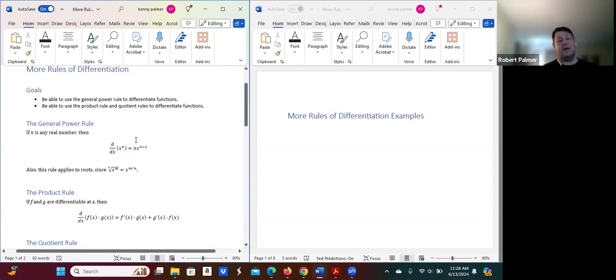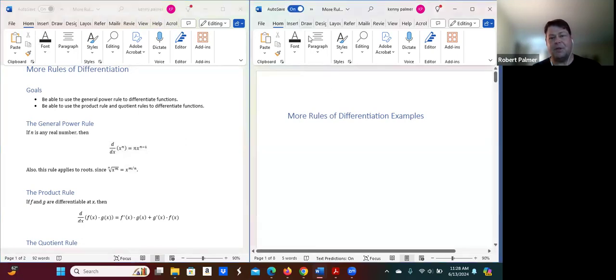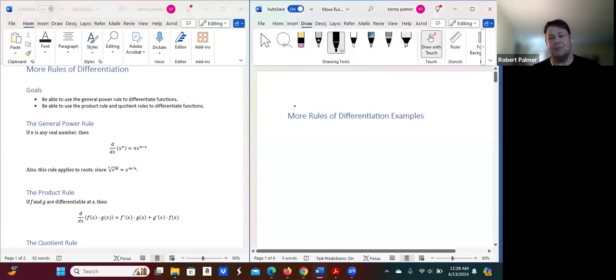Well, this is actually true not just for an integer, but if n is any real number, you can do the same thing. Let's go over here to the right and do a few examples with this.